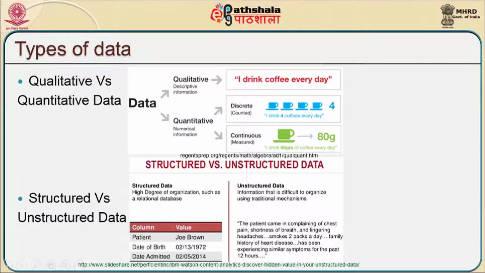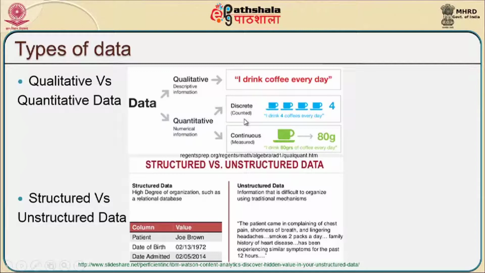If you look at this figure, with qualitative data, people will give descriptive information, like I drink coffee every day, or I like to have very good coffee every day. That becomes qualitative information. Whereas when I want it to be quantitative, meaning how much, specified in numbers, it becomes either discrete or continuous.